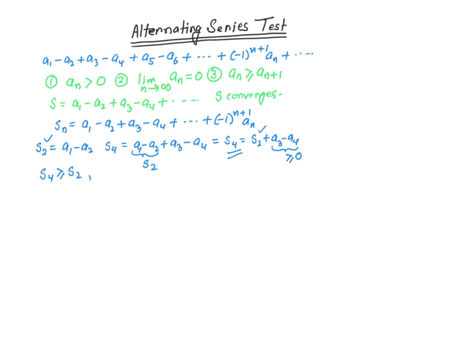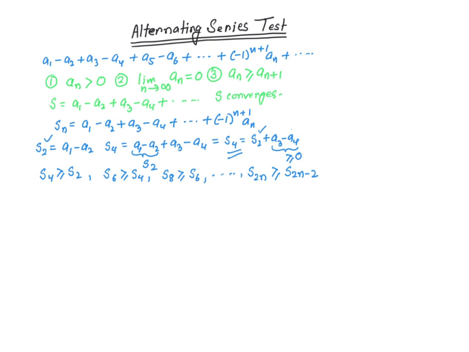Similarly, you can show that S6 is greater than or equal to S4, or S8 is greater than or equal to S6, and you can extend this concept to S sub 2n being greater than or equal to S sub 2n minus 2. Now, what does this establish?